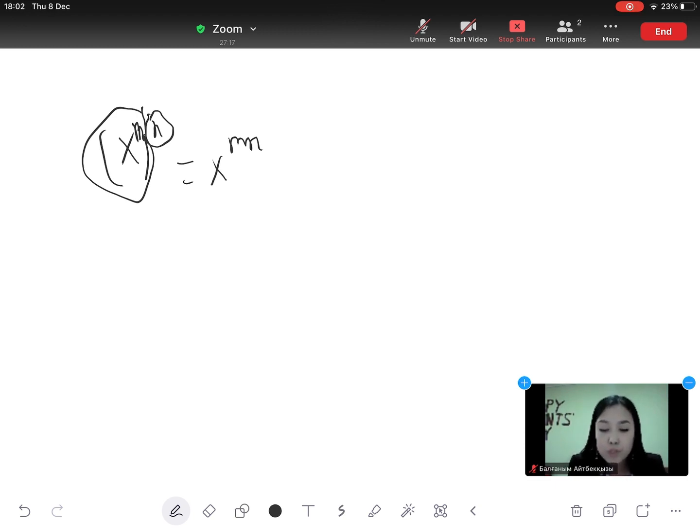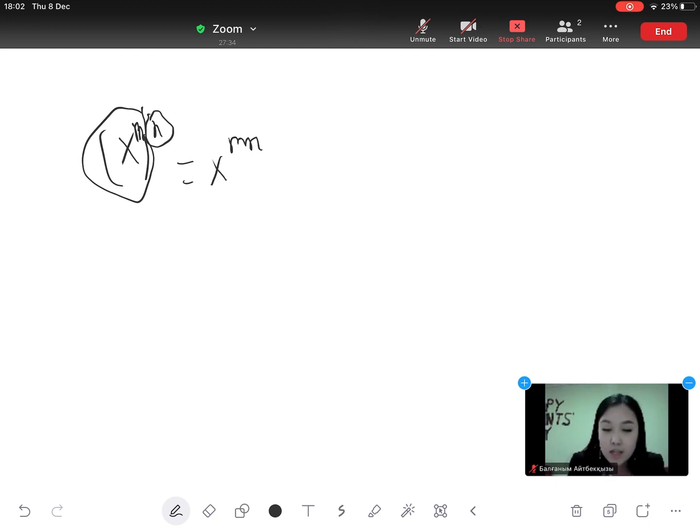Now we're going to look at the next two laws on our list, because they tell us how we can multiply and divide expressions that have the same base.